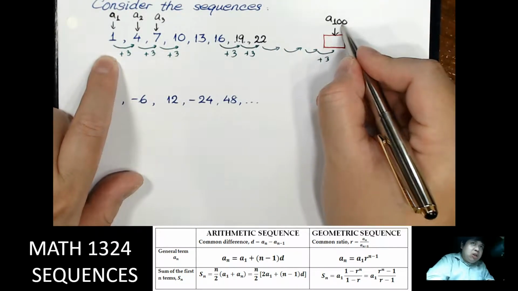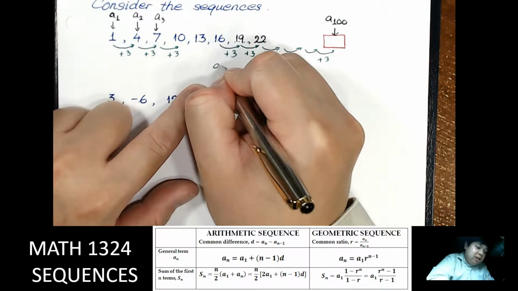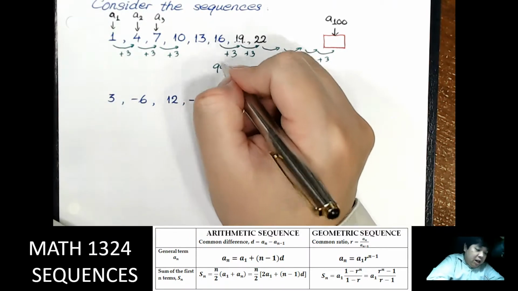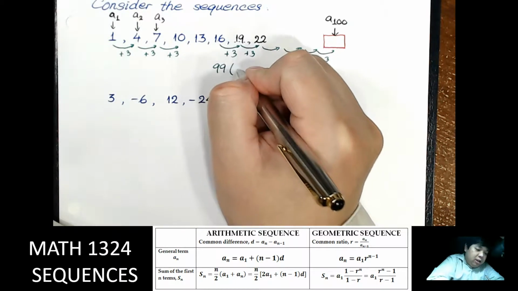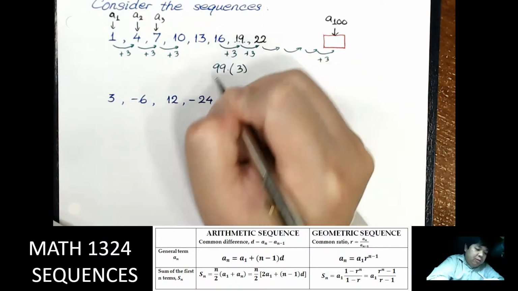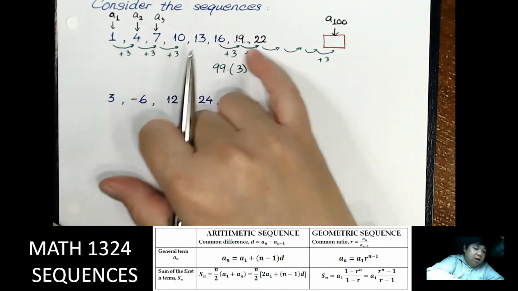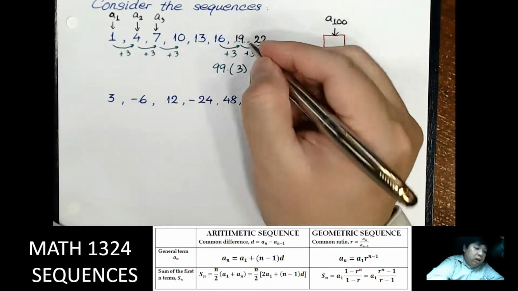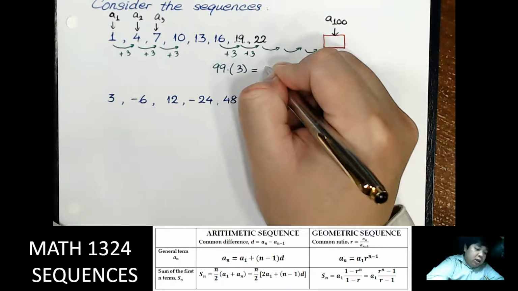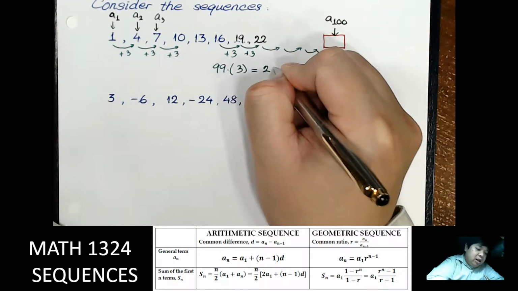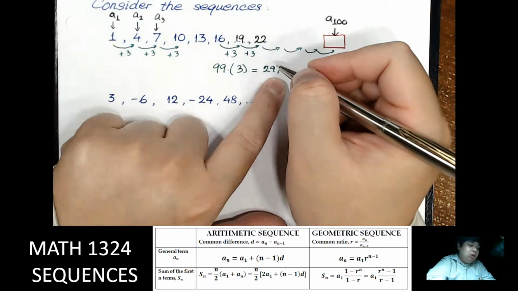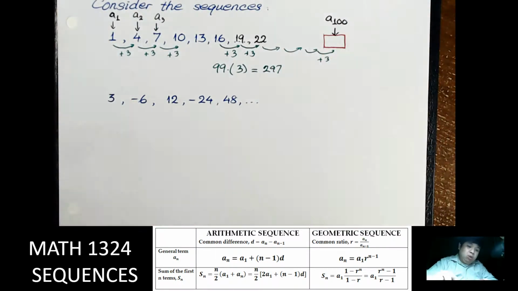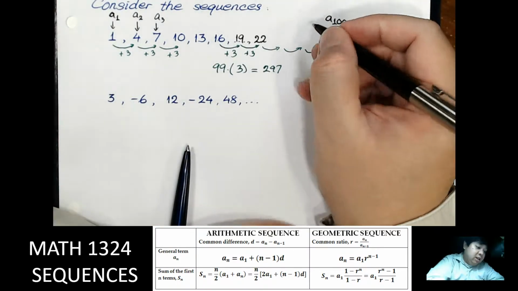So the 100th term is going to be 99 steps, and each step is going to be a plus 3 to it. So the total that we take is 99 steps, multiplied by 3, that will be 297. So 297 plus 1 is going to be 298.